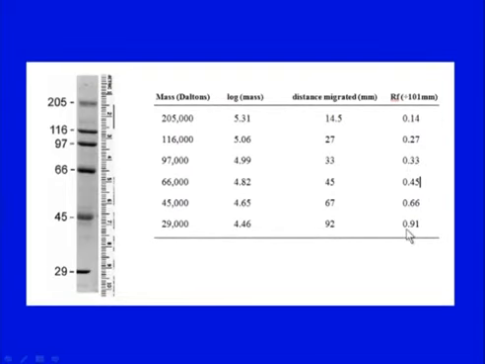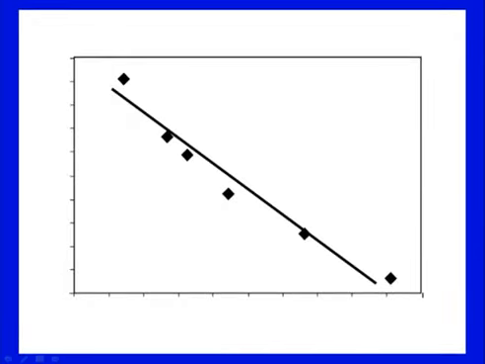So, the RF value can be calculated by dividing by the total gel length, and then you can plot the log molecular mass against the RF value, and this standard curve can provide you the size of the unknown sample. So, this is how, very easily, approximate molecular mass could be calculated here.